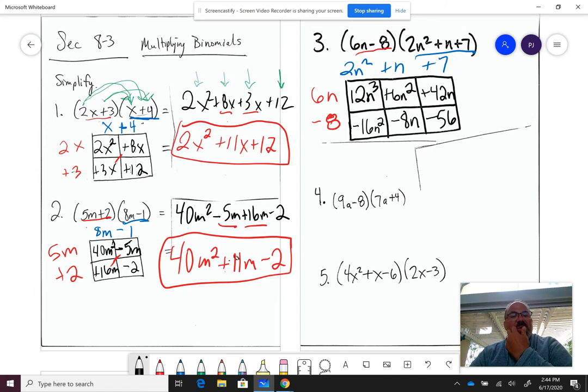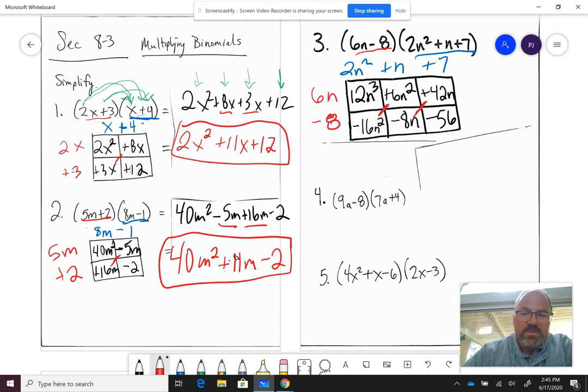Okay. Now, how am I supposed to remember what's like terms? Well, remember I told you guys they are the diagonals. So these better be like terms. Otherwise, I did something wrong when I was multiplying.